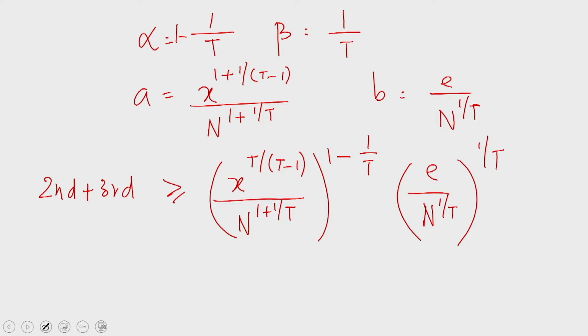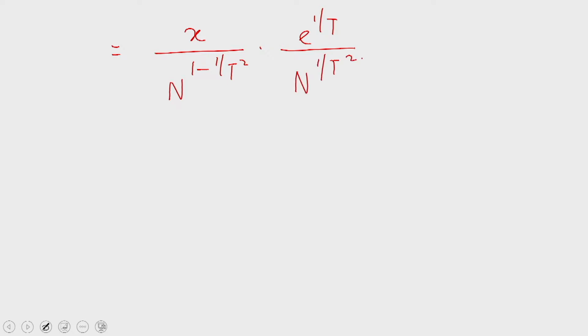Therefore, in the exponent of x, the two will cancel out, that is t by t minus 1 and t minus 1 by t will cancel out, and we will be left with x. Therefore, this is nothing but x divided by n power 1 minus 1 by t squared, that is a power alpha, and b power alpha is this.